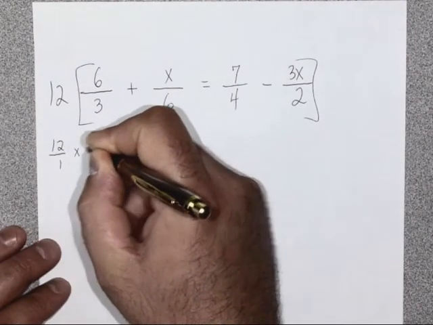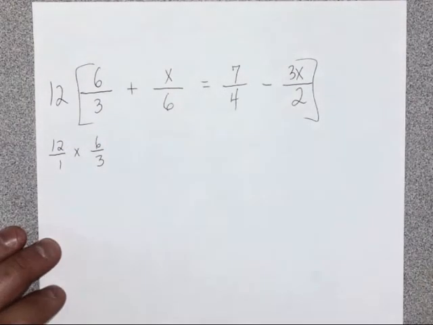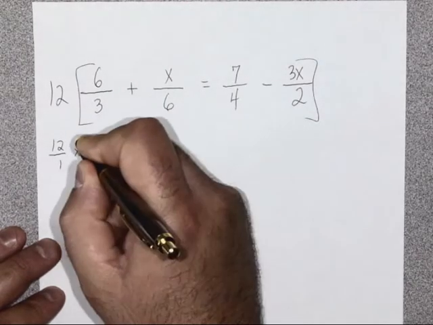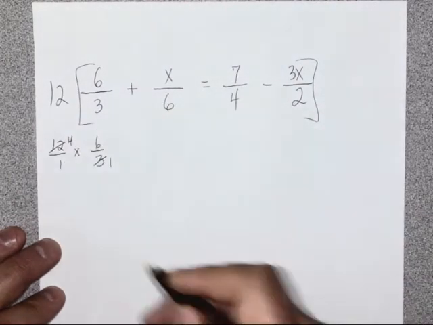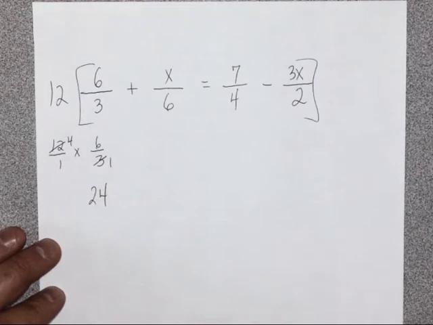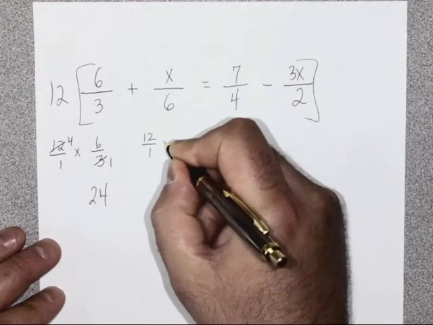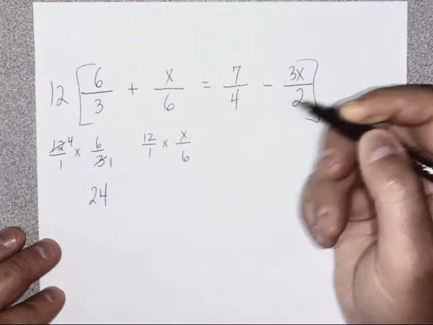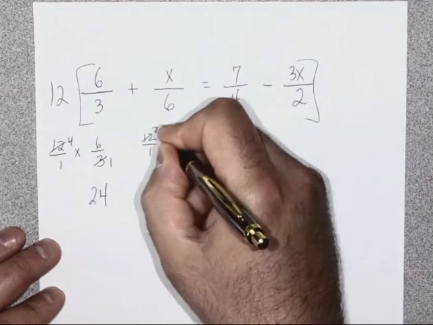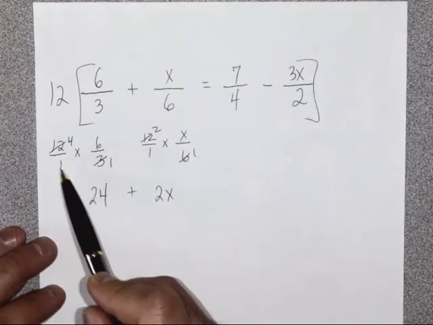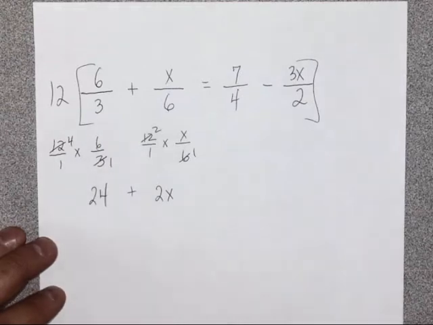12 over 1 times 6 over 3. So this is going to give me 24. 12 over 1 times x over 6 gives me 2x. And so what I'm doing here is I'm essentially multiplying fractions.